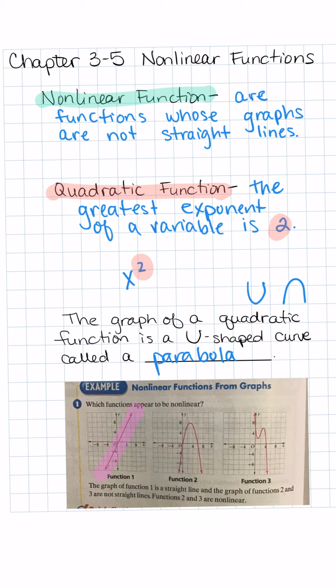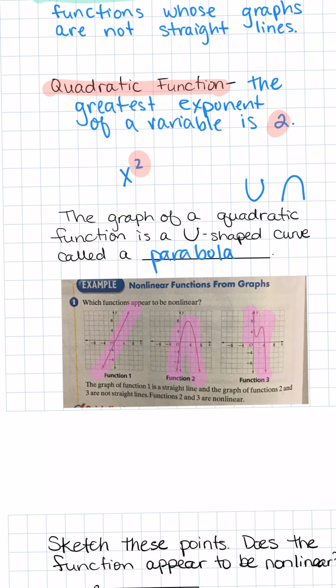And the graphs of function 2 and 3: that one is a parabola, so it is nonlinear. And this one does a wiggle in the middle, also nonlinear. So function 2 and 3 are nonlinear.